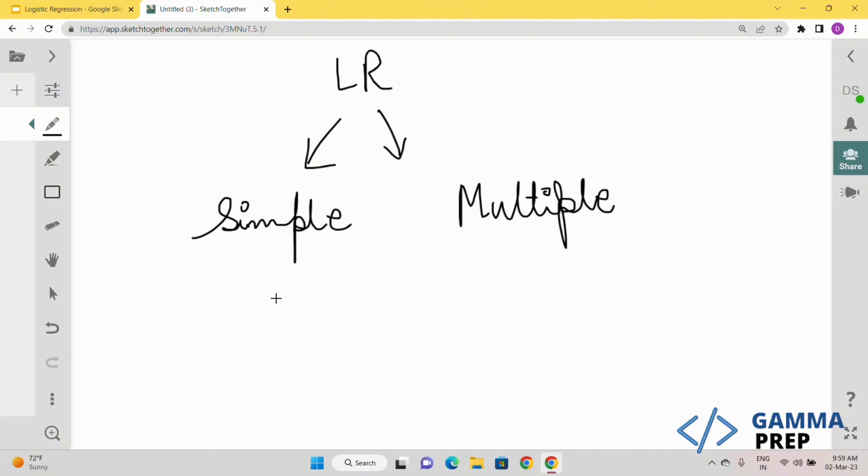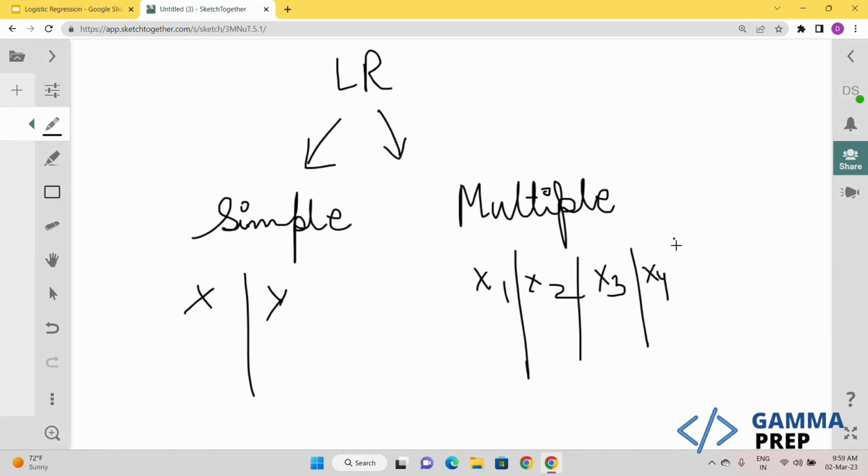In simple logistic regression, we have just one independent attribute and one target attribute. And in multiple logistic regression, we have multiple independent attributes and then there is one target attribute. That is called multiple logistic regression. This is very similar to what we did in linear regression, the simple linear regression and multiple linear regression.